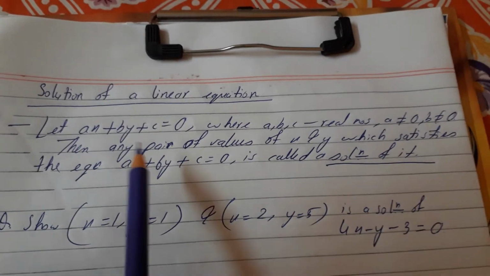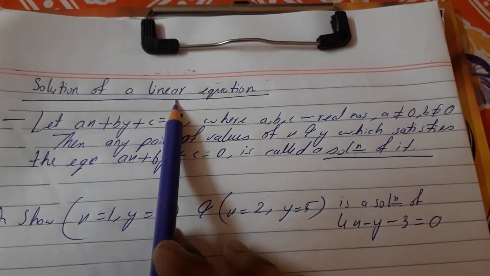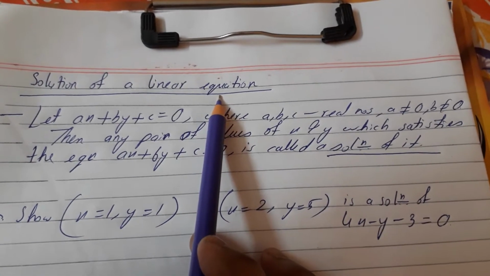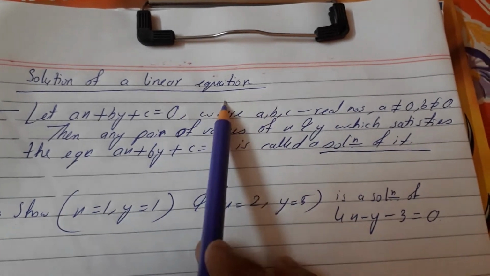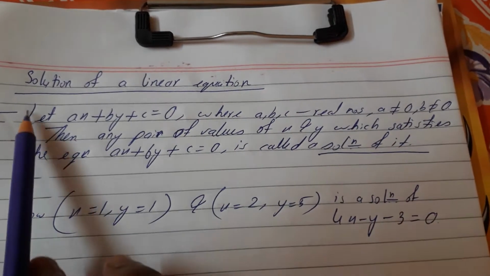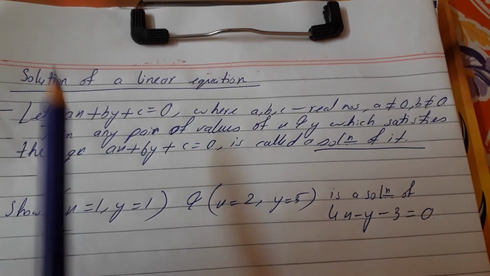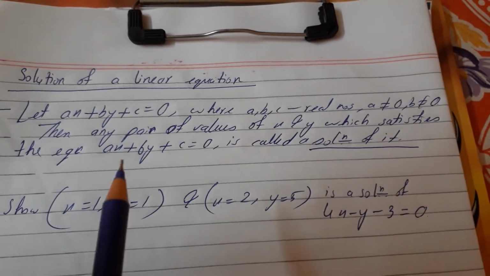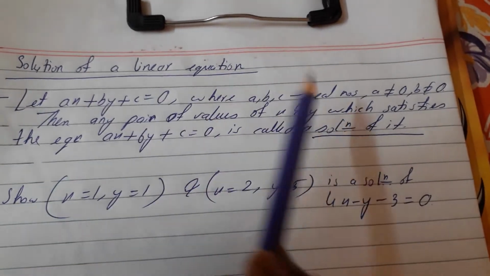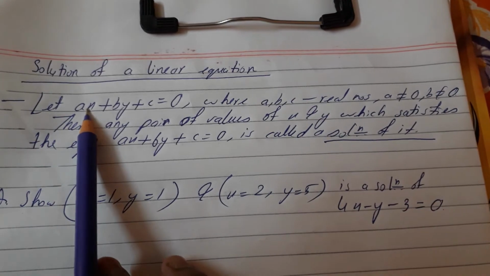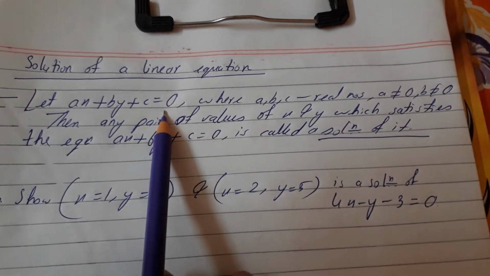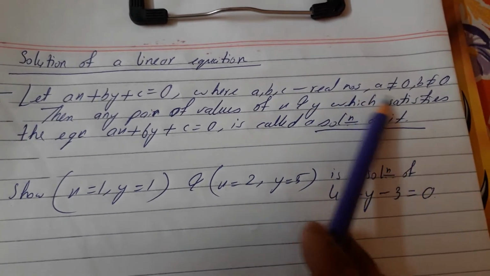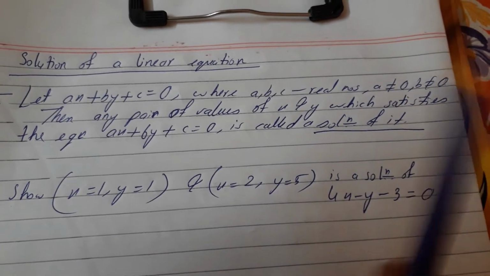Next you have to learn the solution of a linear equation. When there is an equation, then there will be the solution also. There will be the solution of that equation. Now see the solution of a linear equation. Let ax plus by plus c is equals to 0, where a, b, c are real numbers, a is not equals to 0, b is not equals to 0.